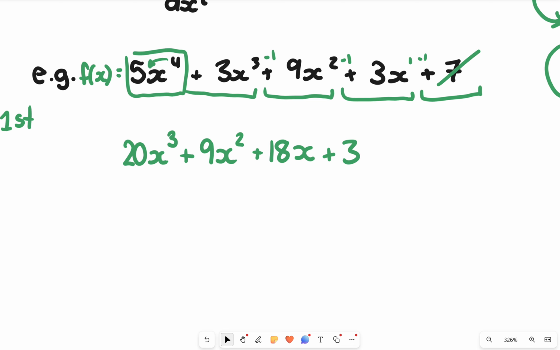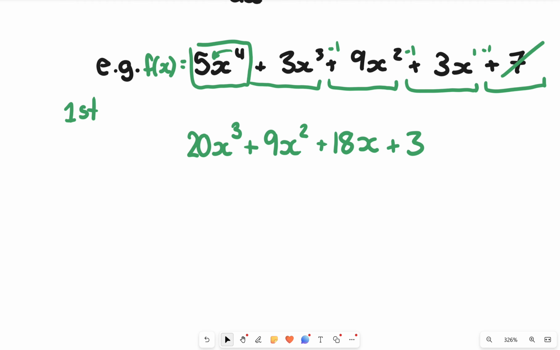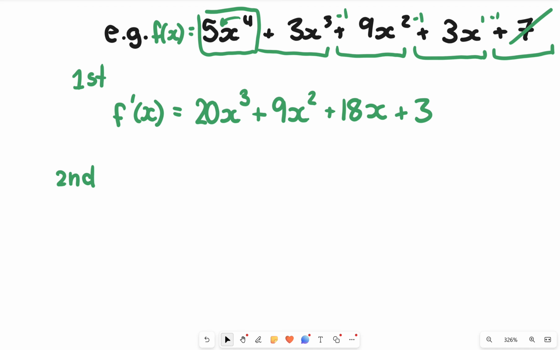So that is our final differentiated equation for our first derivative, and we will write that as f dash of x equals.